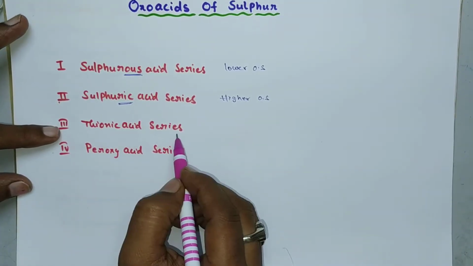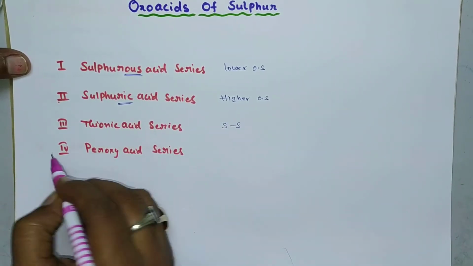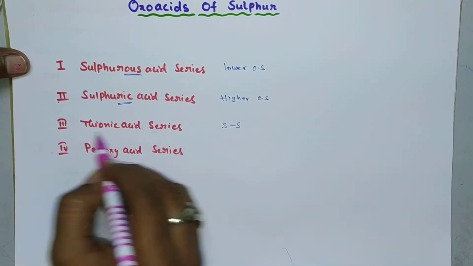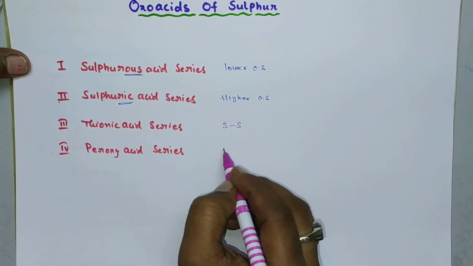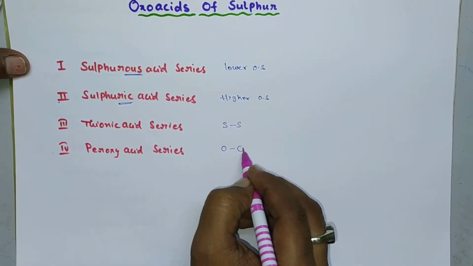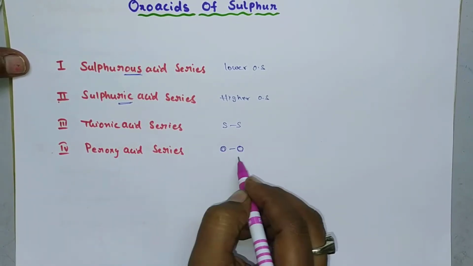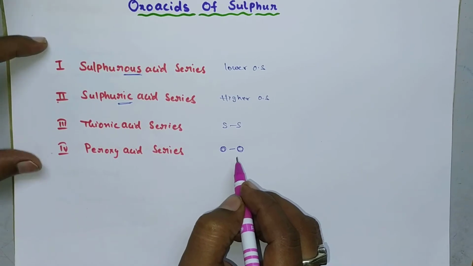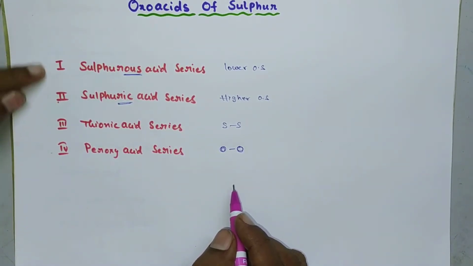Next, the thionic acid series means these consist of an S-S linkage. Thio means sulfur, so it consists of an S-S linkage. Whereas the peroxy acid series consists of peroxy bonds, and a peroxy bond means an O-O bond. In this way we can easily classify these into four series, and then we can easily remember them.